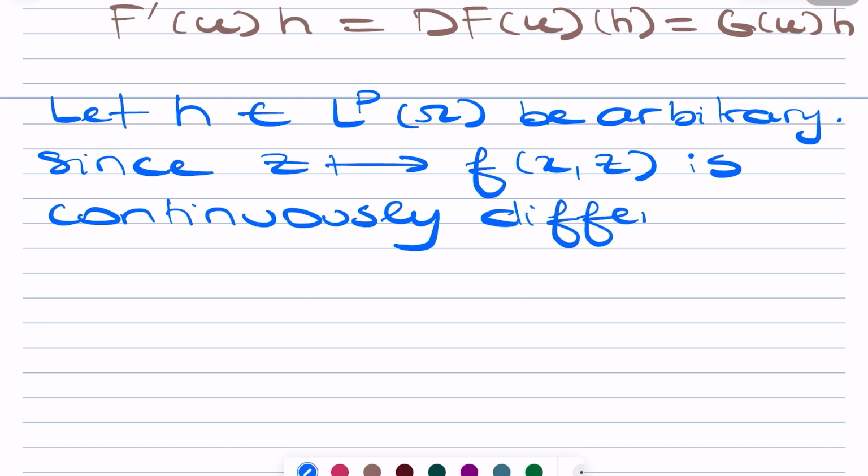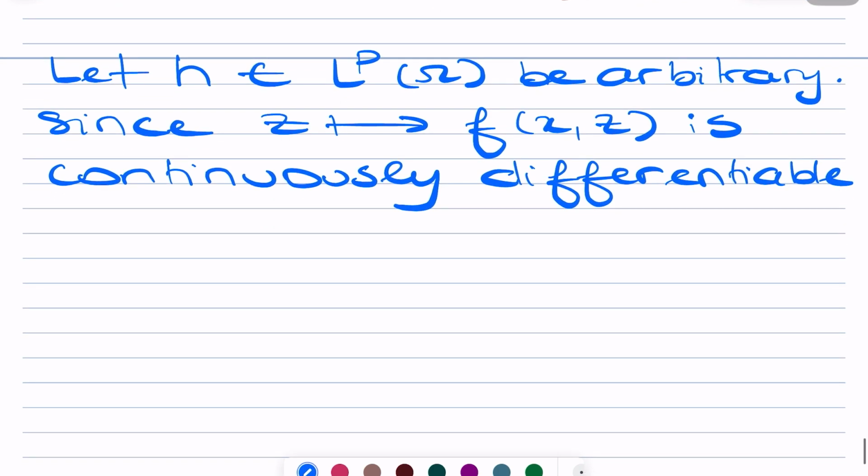Because we saw that you have the assumption that the partial derivative with respect to z exists, and we also know that it is a Caratheodory function. So it is continuously differentiable, by assumption.